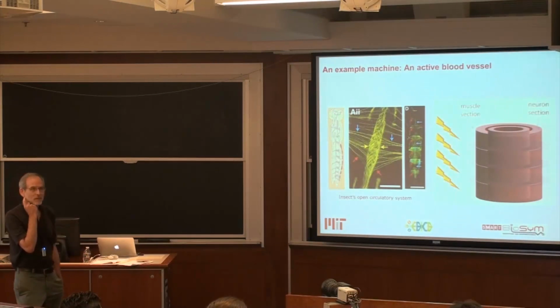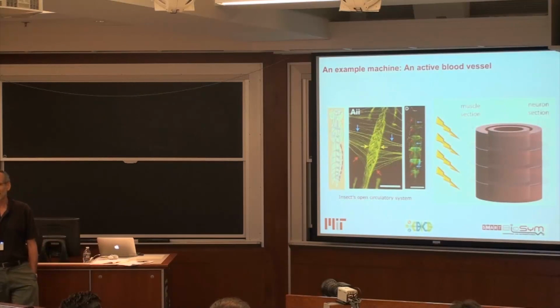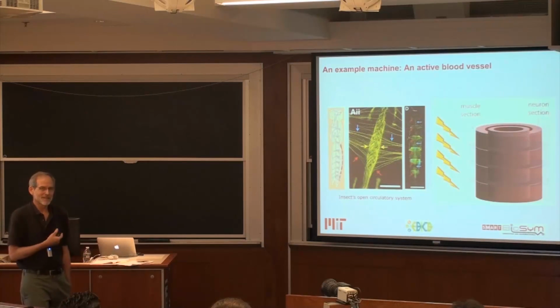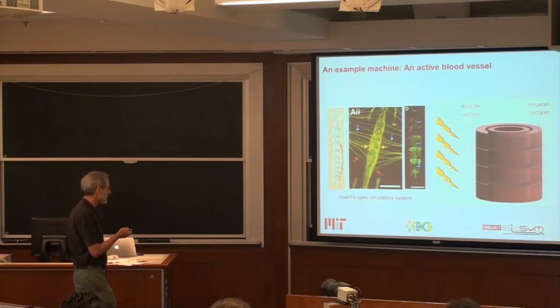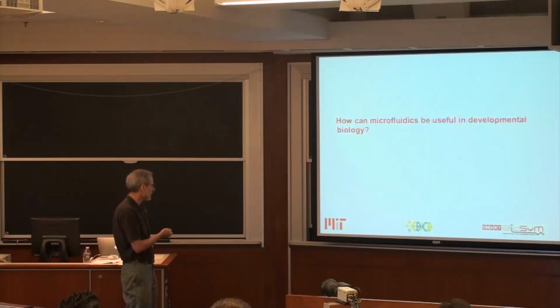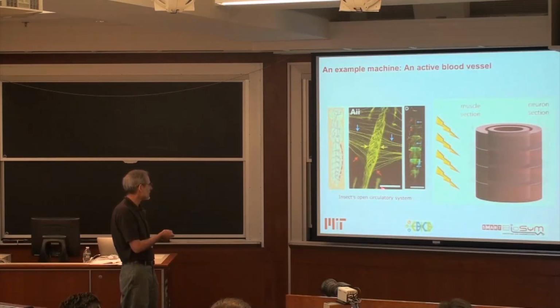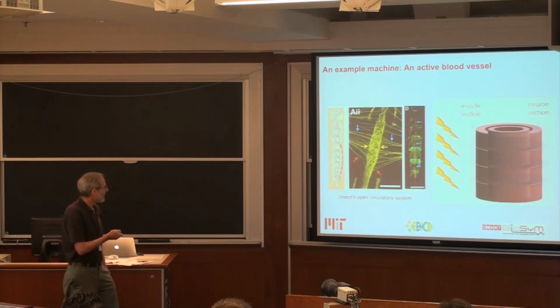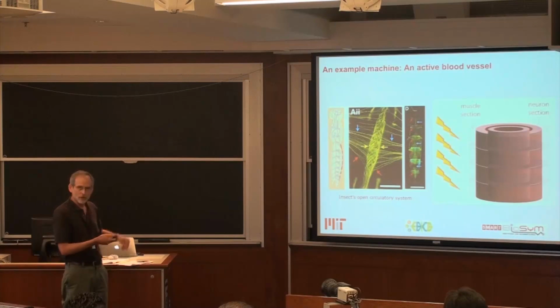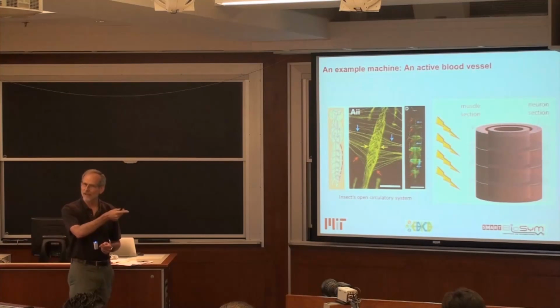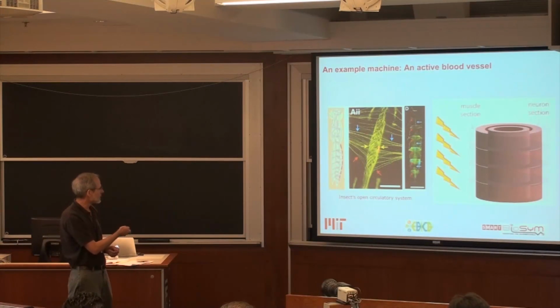So in some of our simple machines, if you think of a small scale, this is just one example, where this happens to be the open circulatory system of an insect, where what you see here are neurons that are activating skeletal muscle cells that have organized themselves in a helical fashion around a blood vessel.